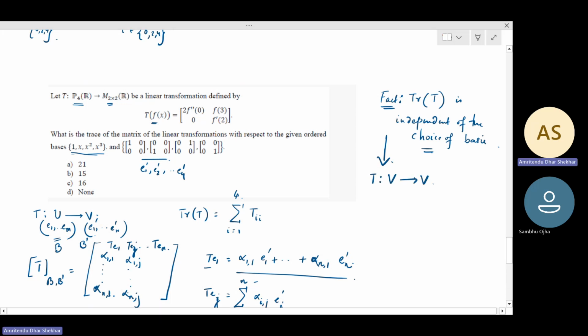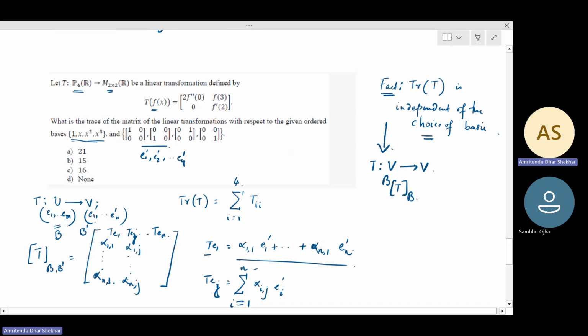So if T is a map from V to V, then if you choose a basis B over here, then the trace of the matrix with respect to B will always be independent of the choice of B. And the reason is as follows, because if you choose another basis, let's say B tilde is another basis, then the relation between the two matrices is going to be something of the form P inverse T B P.